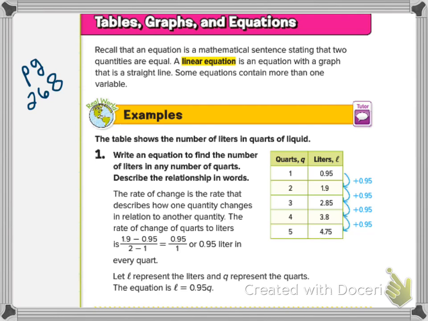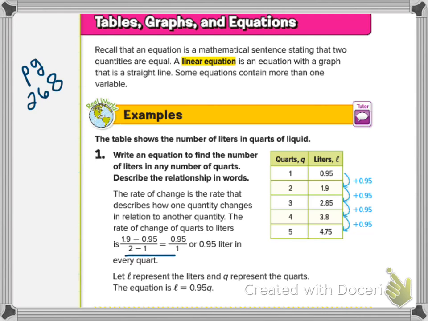We look at our first example, and the table shows the number of liters in quarts of liquid. So we're asked to write an equation to find the number of liters in any number of quarts, and describe the relationship in words. And the rate of change is a rate that describes how one quantity changes in relation to another quantity, and the rate of change of quarts to liters.